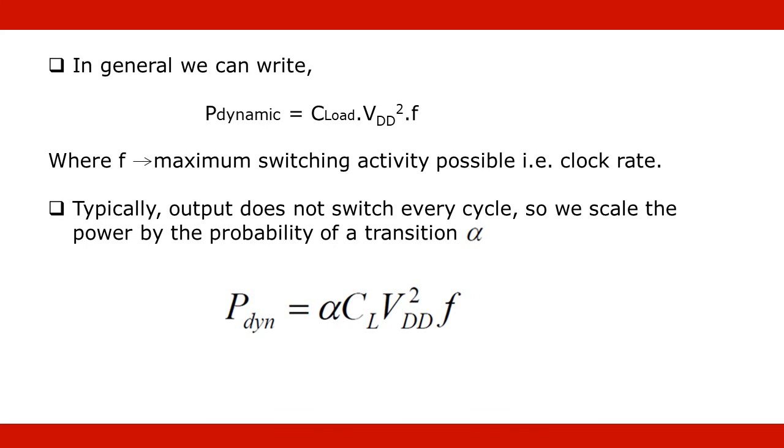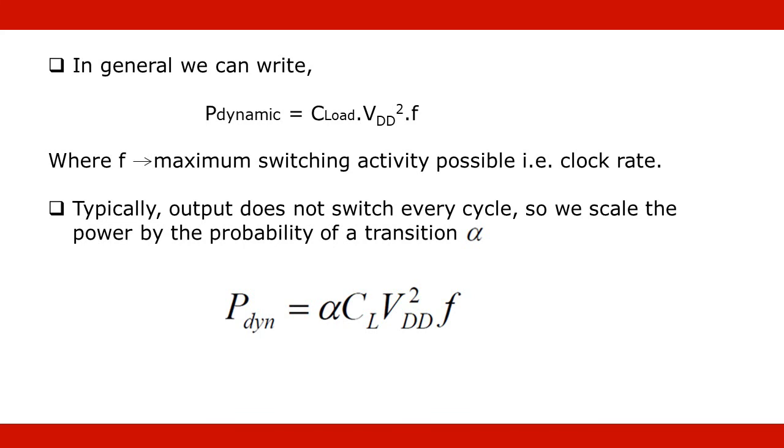Now, the output does not switch in every cycle. It is not always the case that the output will switch in each and every clock cycle. So we scale the power by the probability of transition, given by alpha, which is a probability based value.